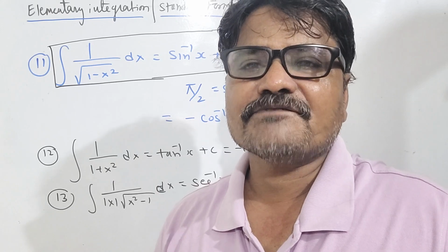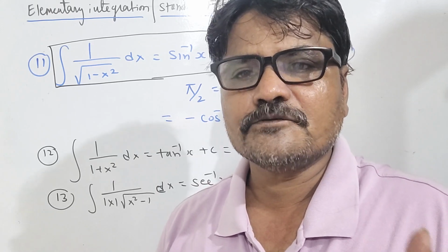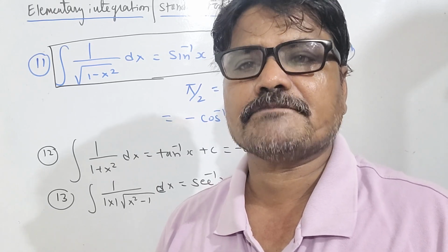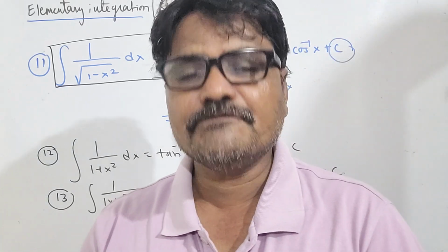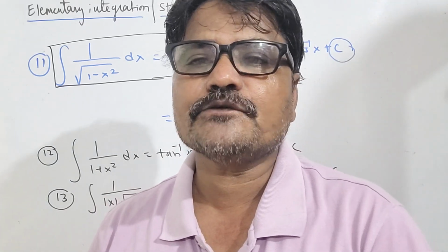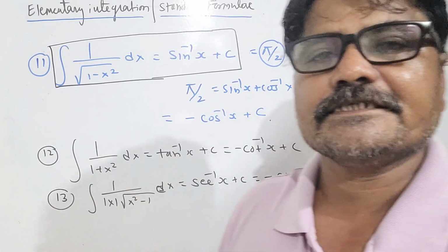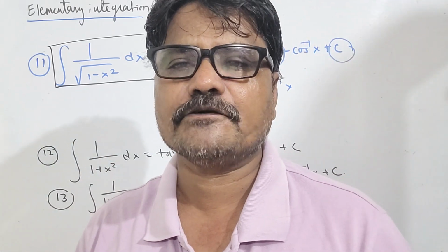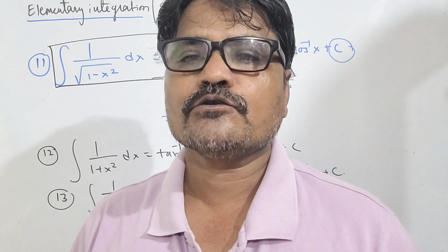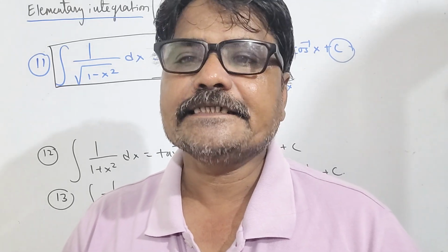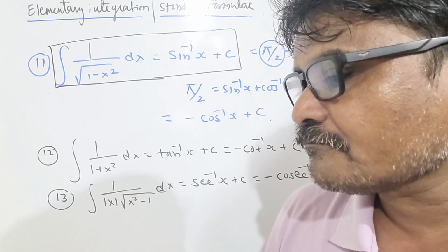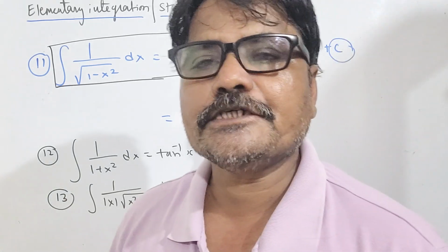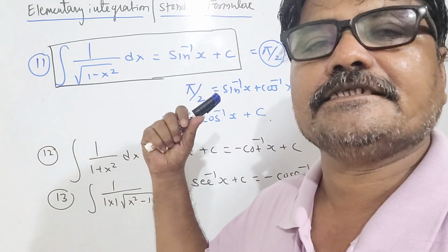So because of that we have to do a process like transformation or substitution, so that the given integration is converted into these standard integrations. This is the whole process we will apply throughout the chapter, indefinite integration. We have to convert those functions' integrations into the known functions' integration, that is the standard formula.